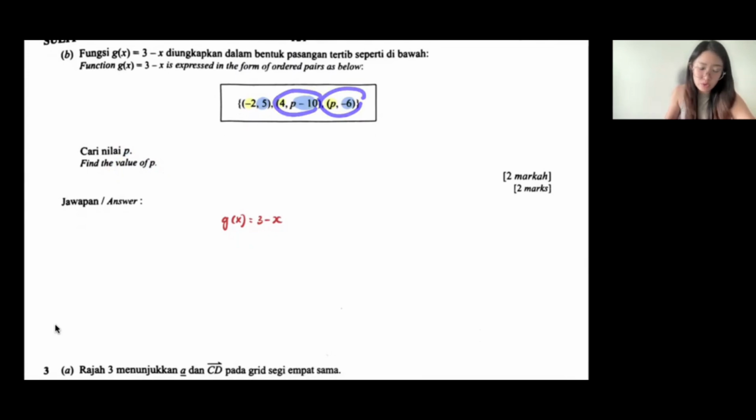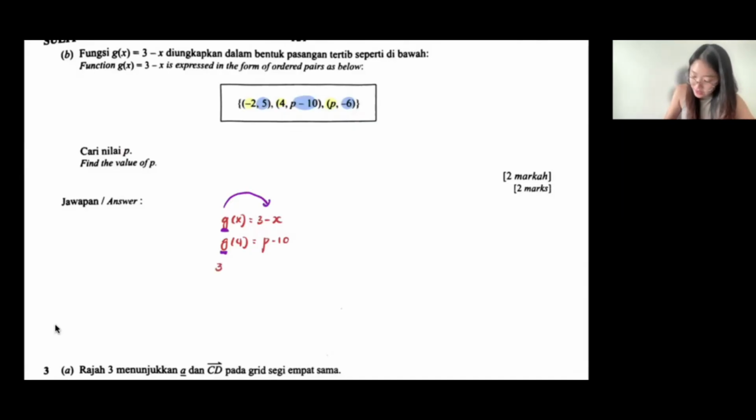Definitely up to you, this one. If I'm taking this set, let's try the second one. When your object is 4, you will get your image p minus 10. Whenever you see g on the function, this is the original one, so you're going to copy 3 minus x in.